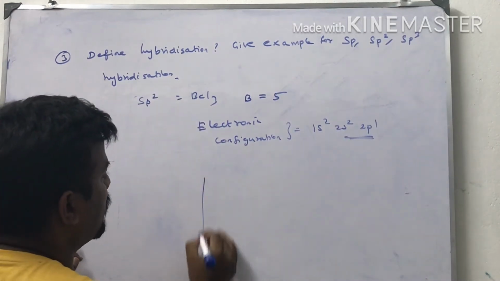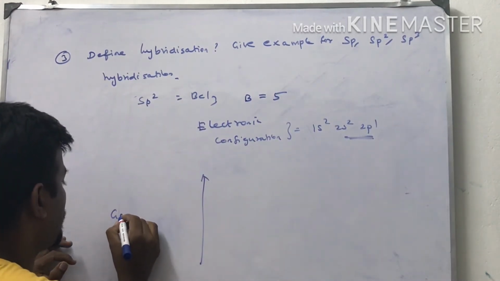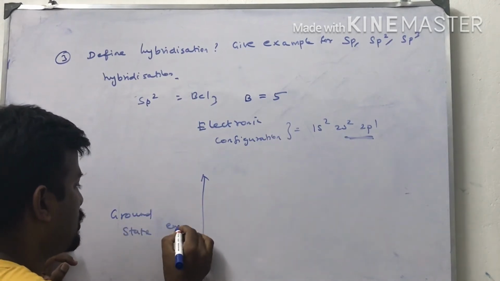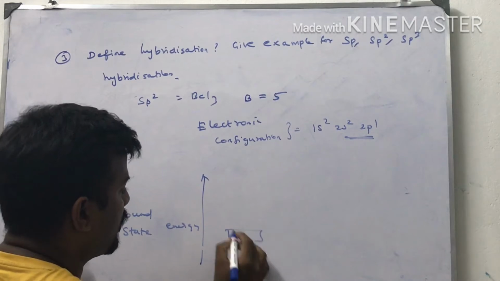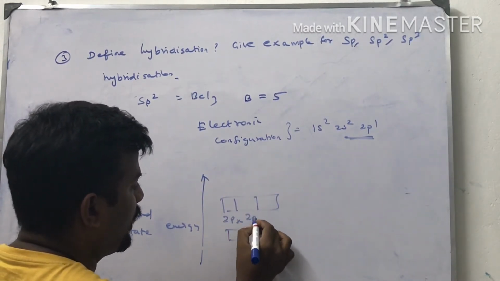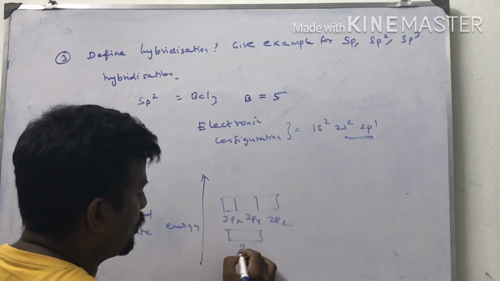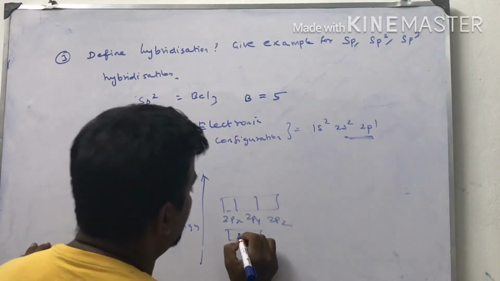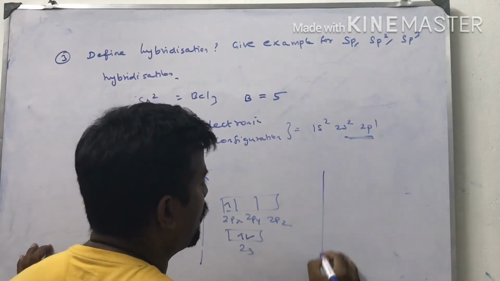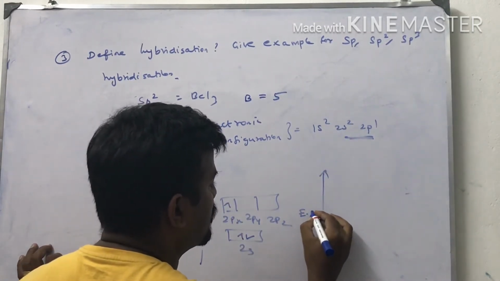We can use the valence electrons. First is the ground state energy: 2s orbital, 2p orbital, 2px, 2py and 2pz. How many electrons are present in 2s? 2 electrons. How many in 2p? 1 electron.